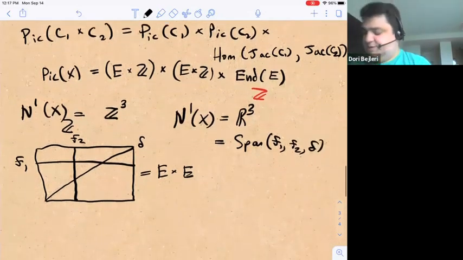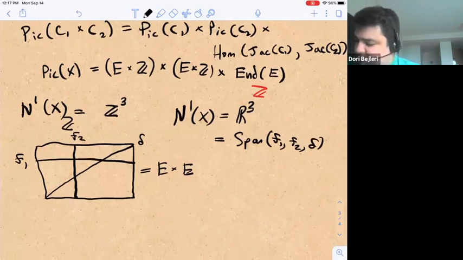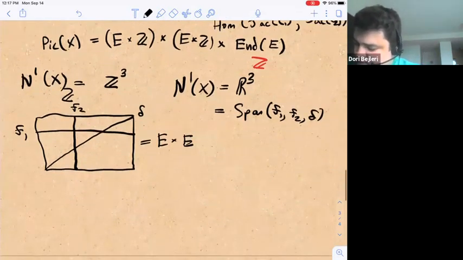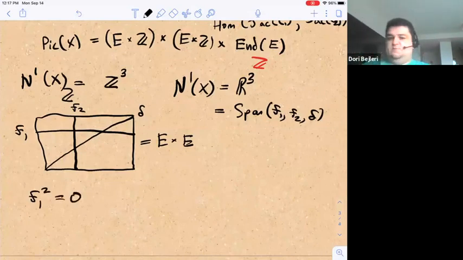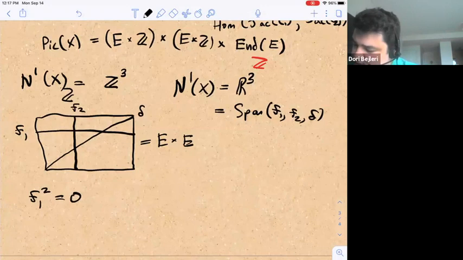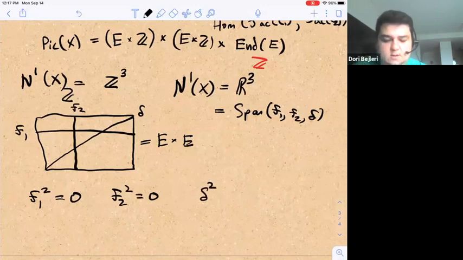And now from this picture, we can try to compute the intersection pairings. So F1 squared, that's 0 because we can move F1 to be the fiber over a different point and it's disjoint. Similarly, F2 squared is 0. And then delta squared, well, we're looking at the self-intersection of the diagonal inside of a product.